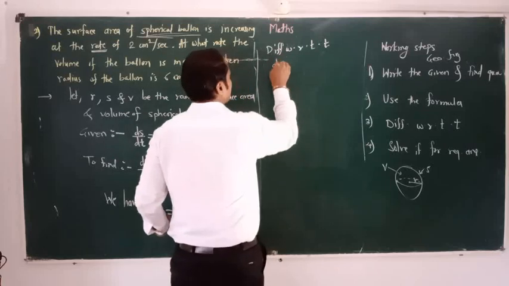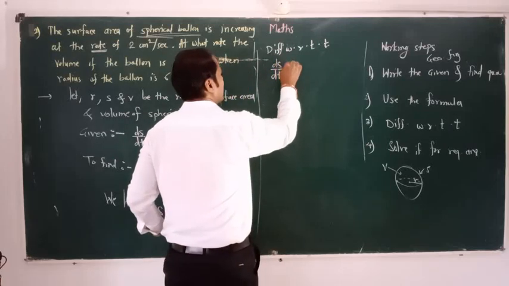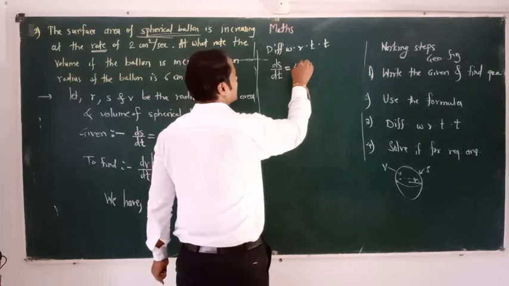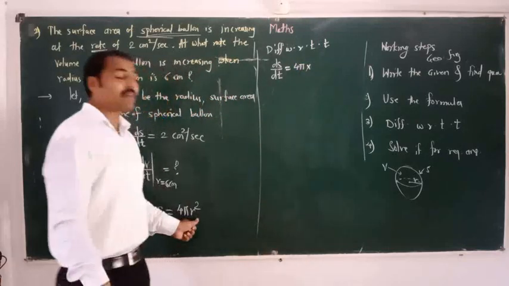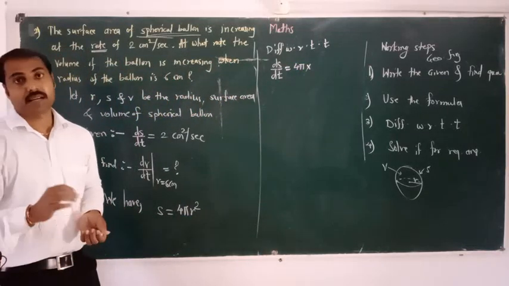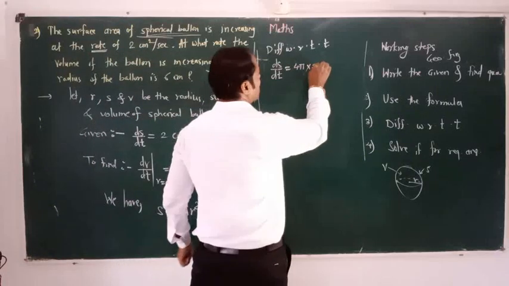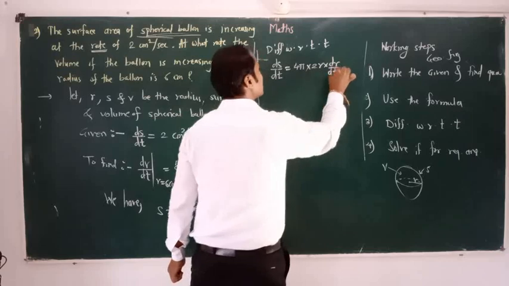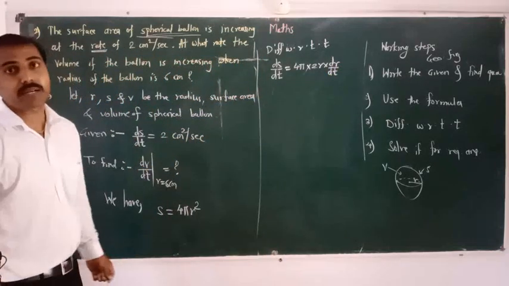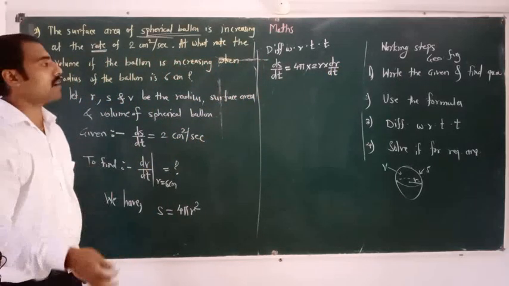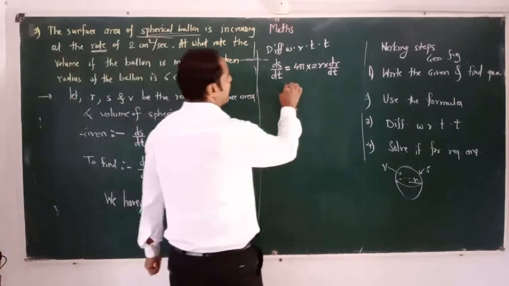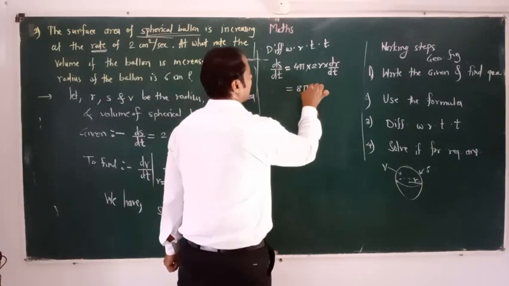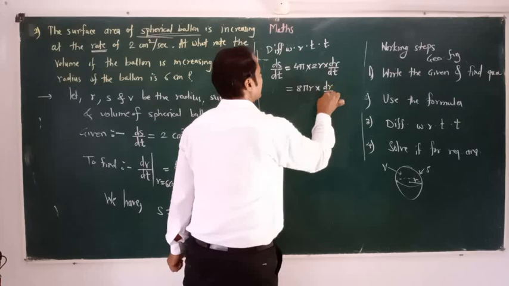Derivative of S with respect to t is dS/dt is equal to 4 pi constant into, tell me, derivative of r square. Derivative of r square is 2r multiplied by dr/dt. Since it is differentiated with respect to t, not with r, so it becomes 8 pi r into dr/dt.